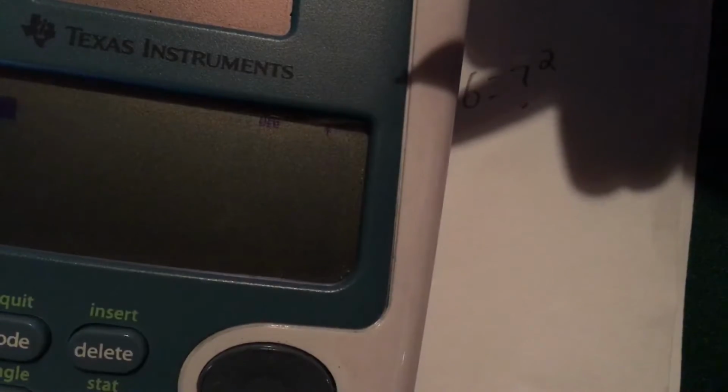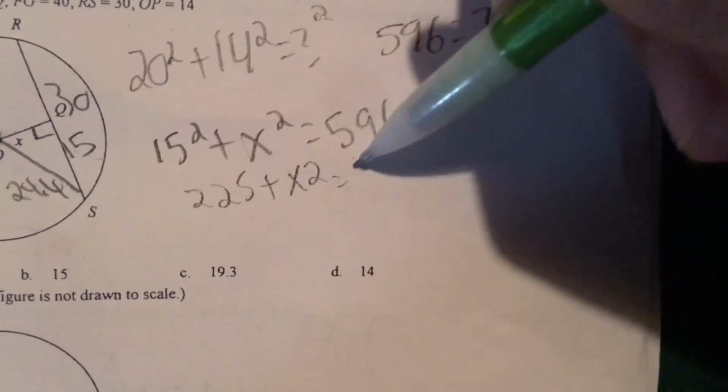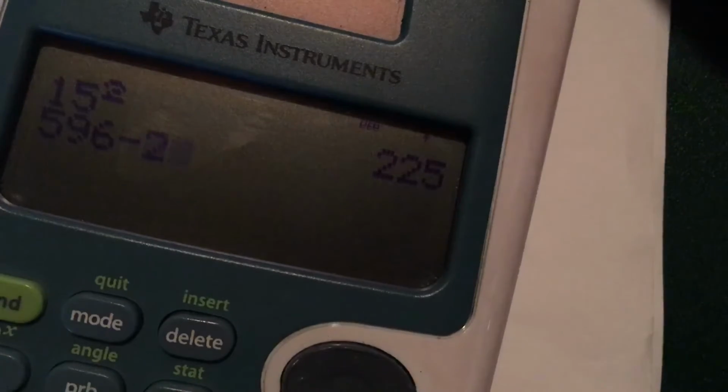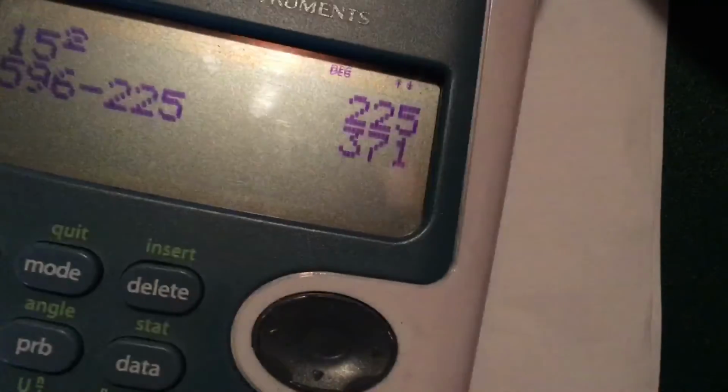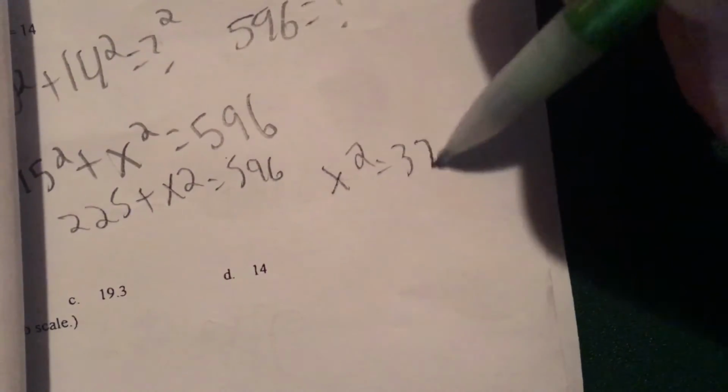So 15 squared is 225. So 225 plus x squared equals 596. 596 minus 225 is 371. So x squared equals 371.